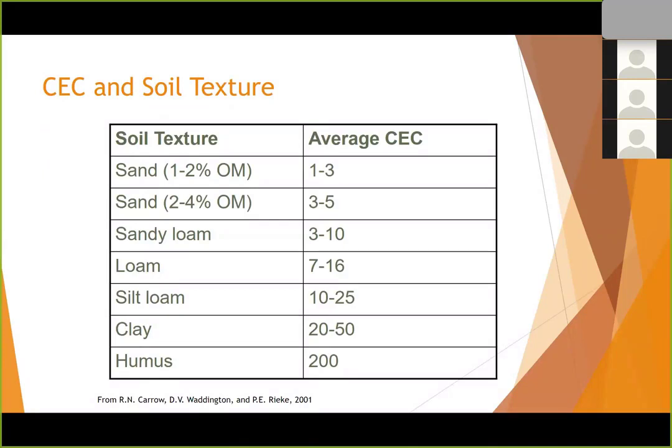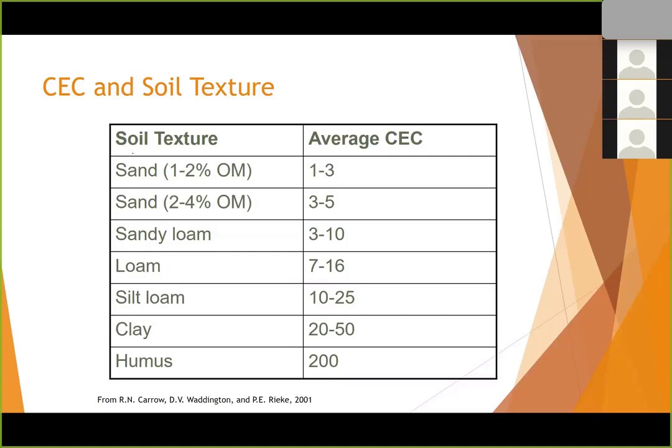Some typical ranges, just so you have some kind of frame of reference to understand. I said clay is the only thing in organic matter that contributes to CEC. But your soil texture is composed of those three particles, sand, silt, and clay. And rarely are you going to find a soil that's 100% sand. It's going to have some organic matter in there, which contributes a little bit to that CEC.